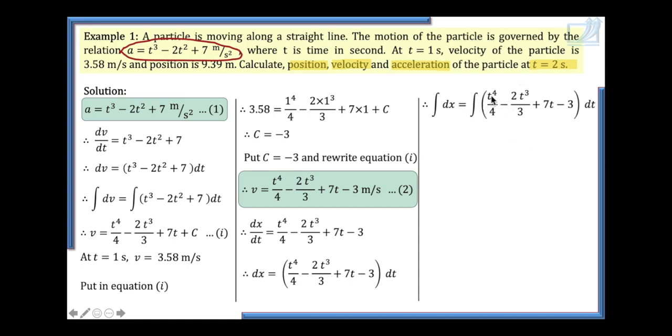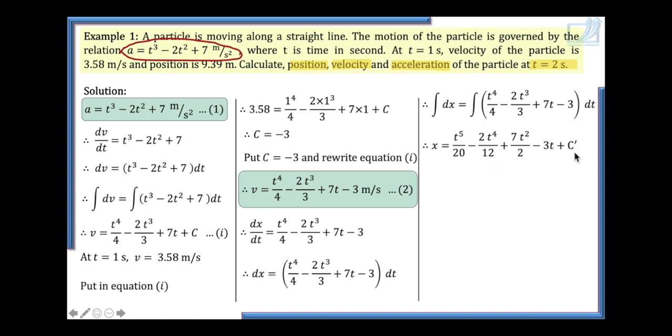So t raised to 5 by 20. So x is equal to t raised to 5 by 20 minus 2t raised to 4 by 12 plus 7t squared by 2 minus 3t plus constant of integration c dash.